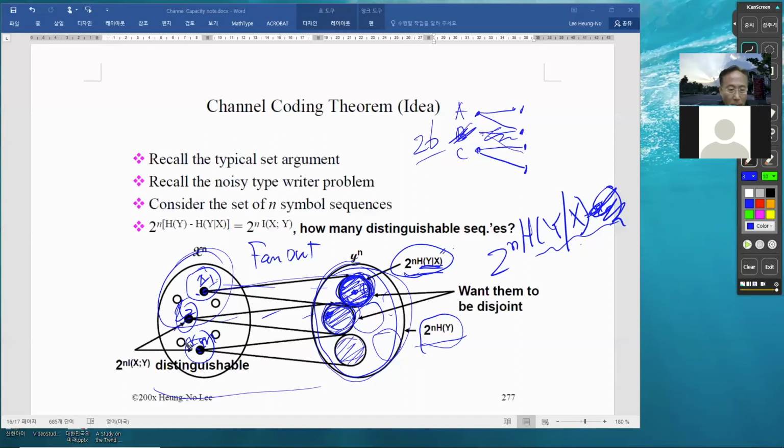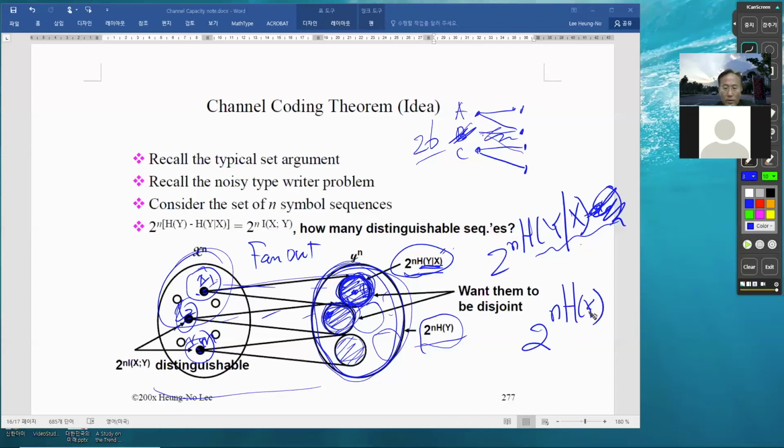So the number of inputs that we can select is going to be determined by the total volume of the output space, which is 2 to the power of nH(Y).